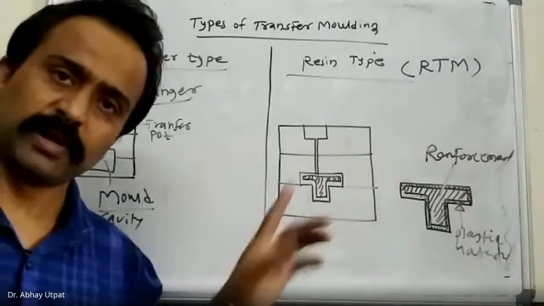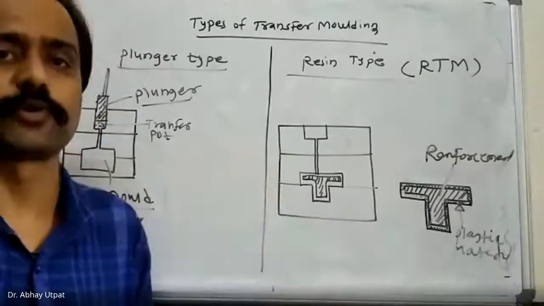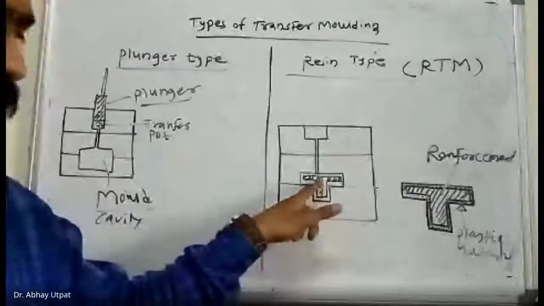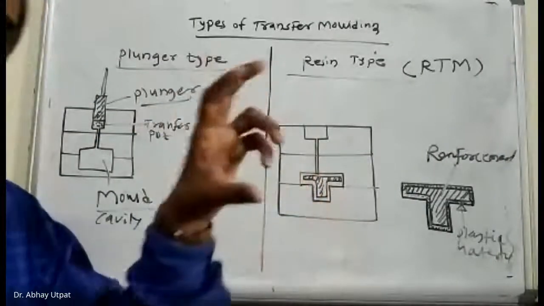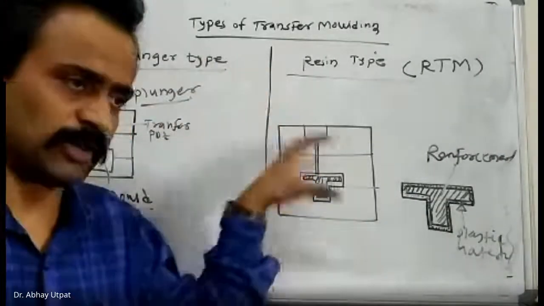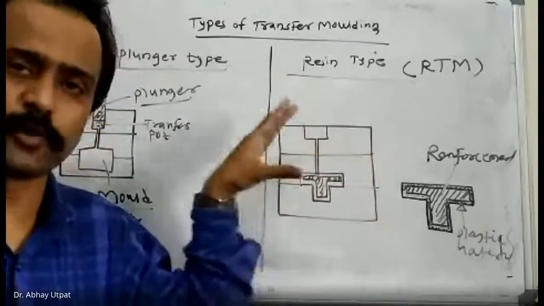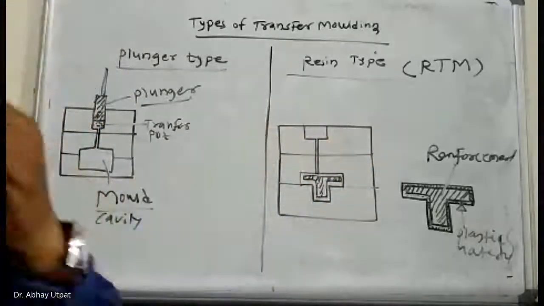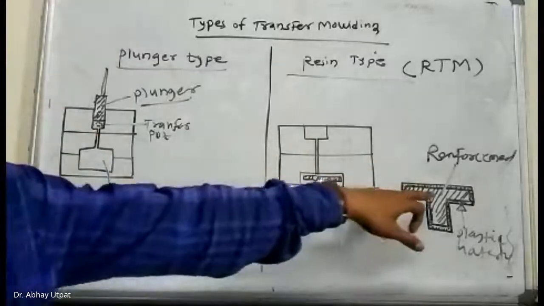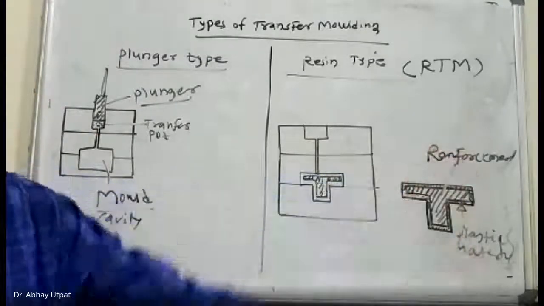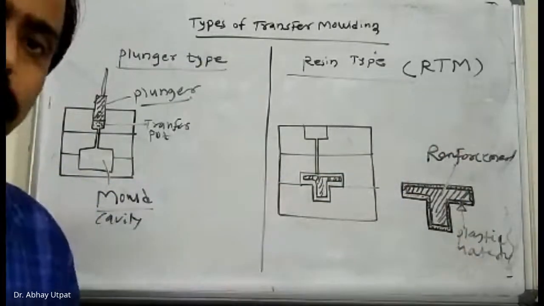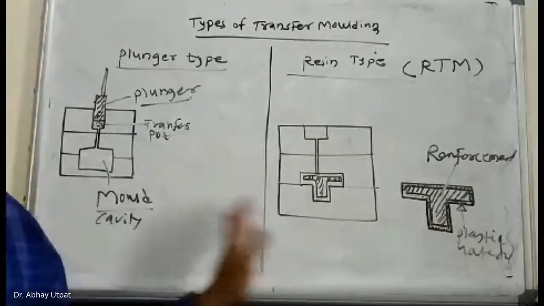Such complications are only possible in transfer molding. Here, suppose X material is kept as reinforcement and on that your melamine formaldehyde material coating will be provided. That will be reinforced by some skeleton of the same shape. So in this way the processes are carried out.